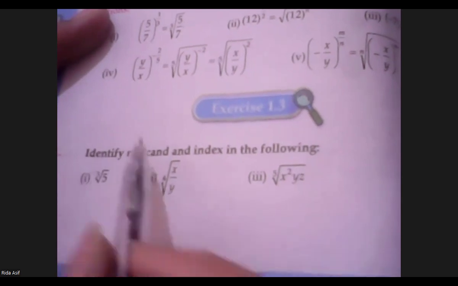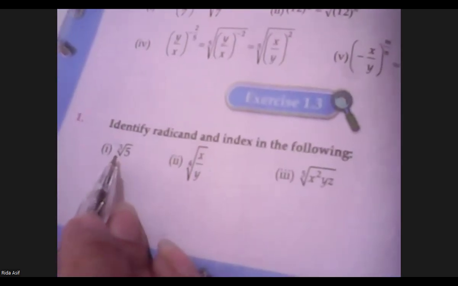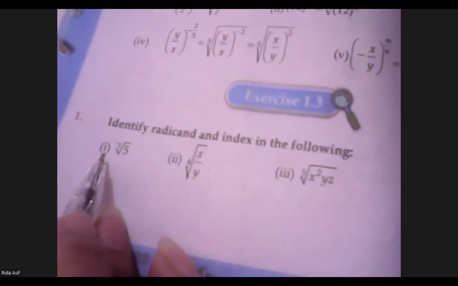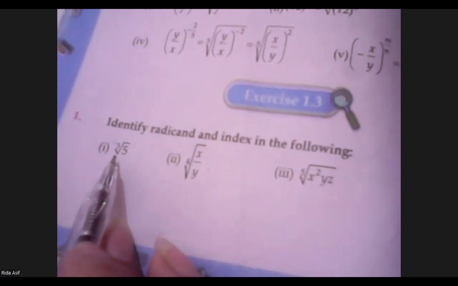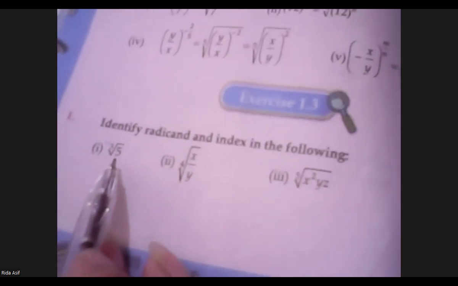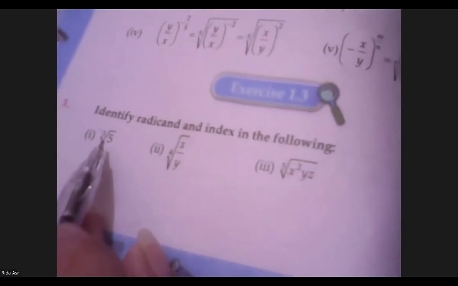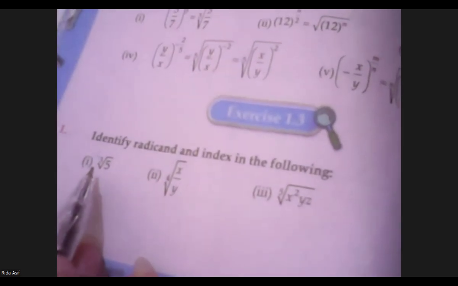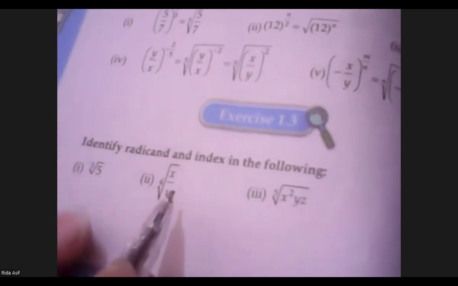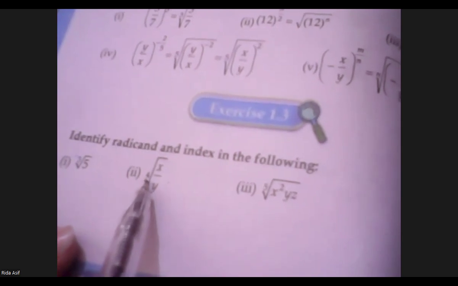In bit number 1, we can see the cube root of 5. So what is the radicand and what is the index? This 5 is the radicand and here 3 is the index. Similarly, in bit number 2, x over y is the radicand and 4 is your index.